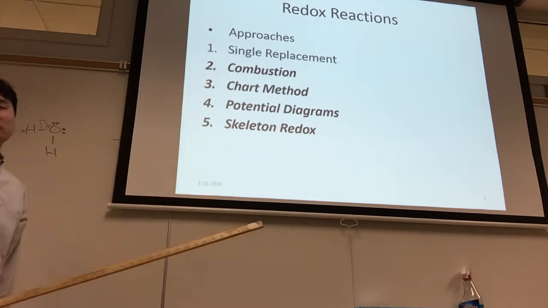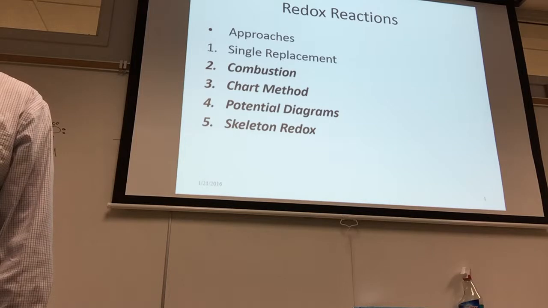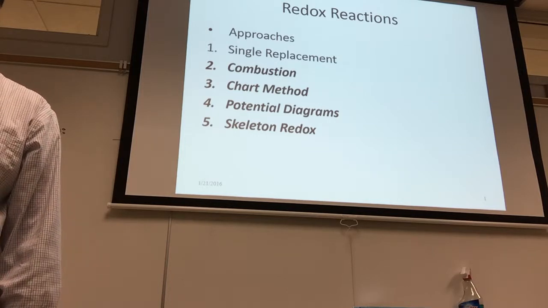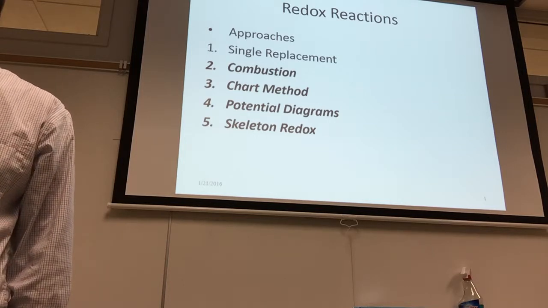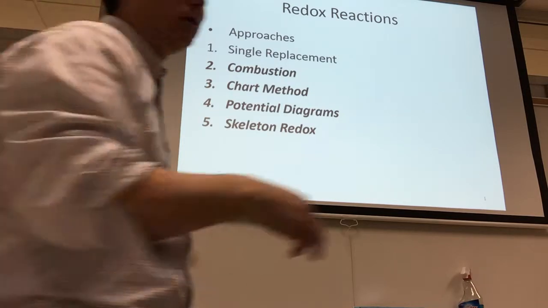Combustion reactions, we still have those. When we're doing combustion reactions, we typically look at combustibles, like organics. One thing those have in common is they're all electron rich. And so if we're looking at a combustion reaction, like methane, methane is highly flammable.